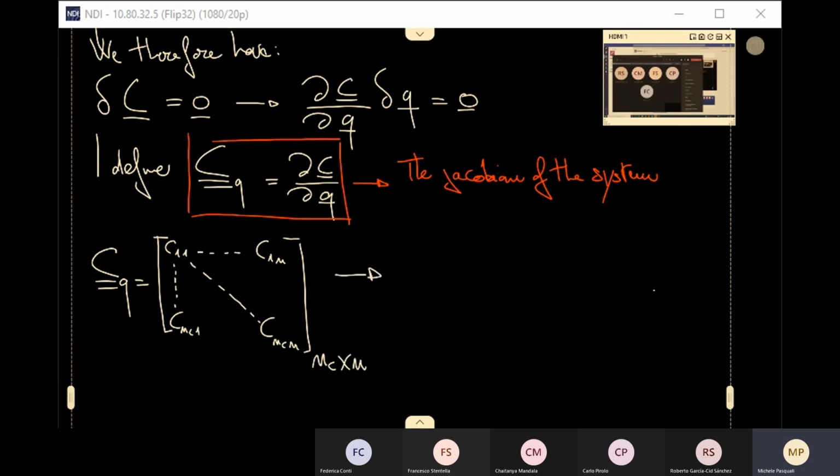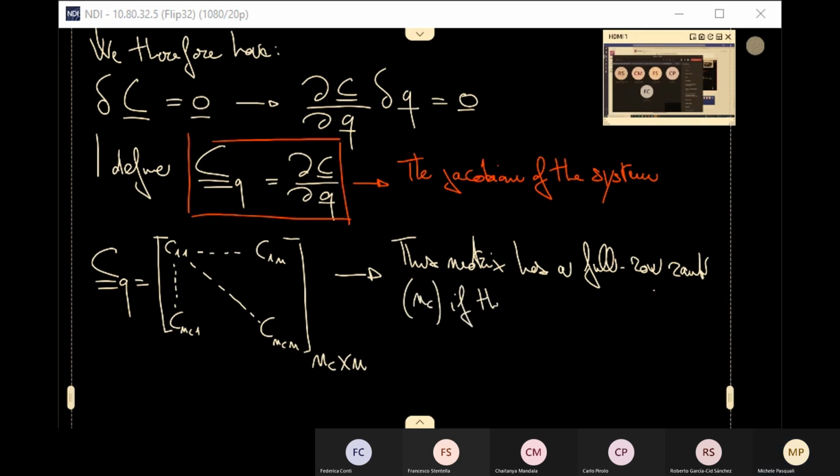So this matrix, if the constraints are linearly independent, has a full row rank. So this matrix has a full row rank, which is equal to nc, if the nc constraint equations are linearly independent.